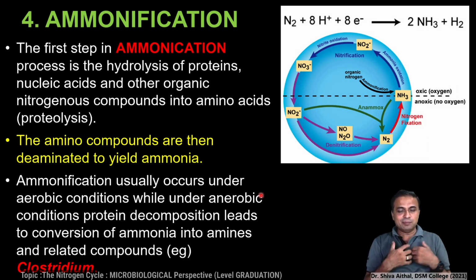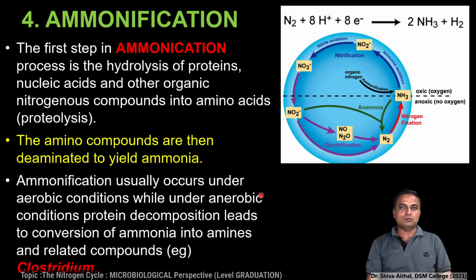When it is assimilated, it is not a question whether it is getting ammonified in our body. Yes, it does, but it is not given back to the environment. As long as proteolysis is taking place inside our body, we will be excreting urea. When proteolysis or hydrolysis of proteins and nucleic acids and other organic nitrogenous compounds takes place inside the plant, animal or cell, it will be excreted as urea.